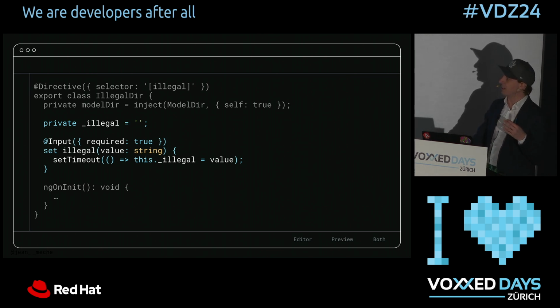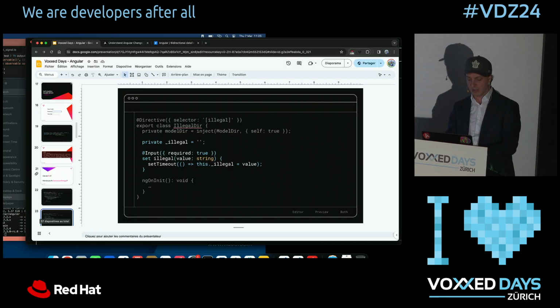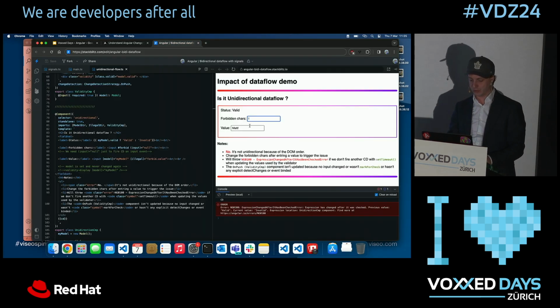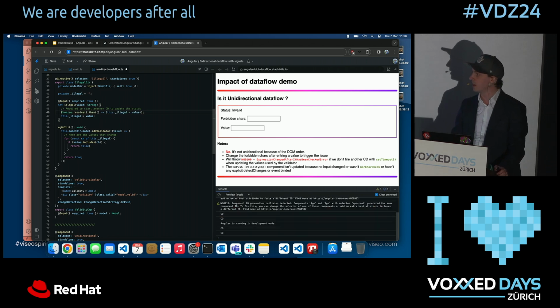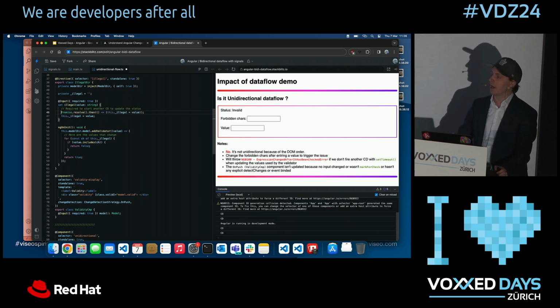So setTimeout here will trigger a new change detection, and it will fix visually the issue that I showed you. So for example, if I add it here, it can be setTimeout, but it can also be things like Promise.resolve or queueMicrotask.